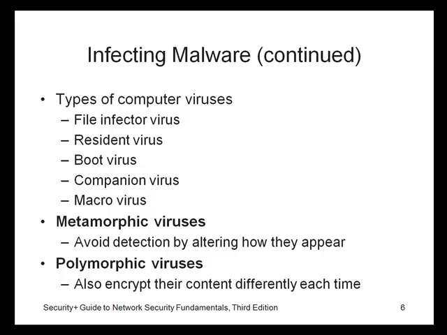Companion viruses, macro viruses are kind of a pain. Metamorphic viruses are really difficult to do anything with. You've got metamorphic and polymorphic. These are viruses that change themselves from one form to another, which makes them particularly difficult to discover and destroy.